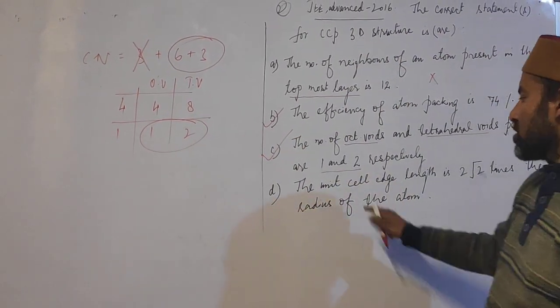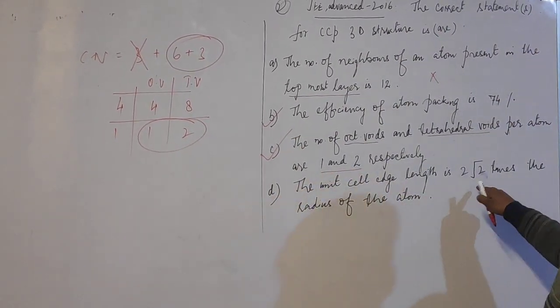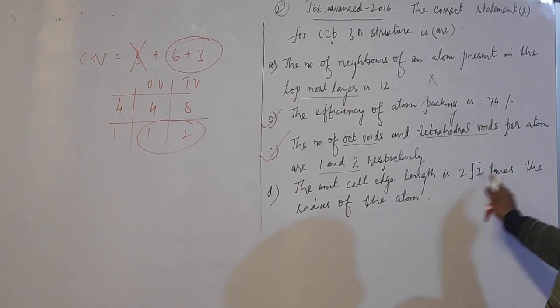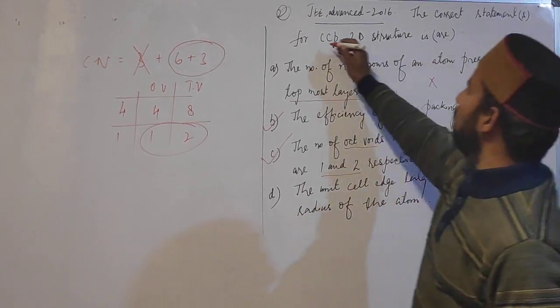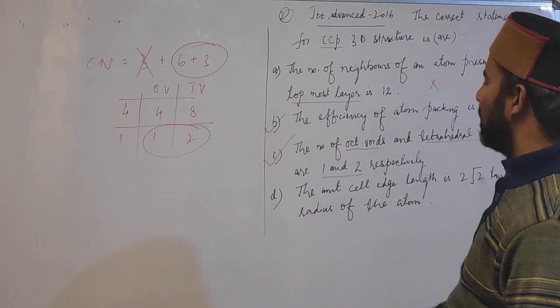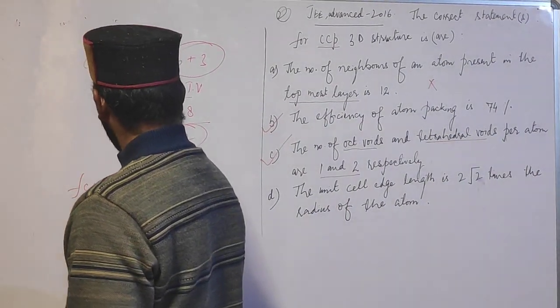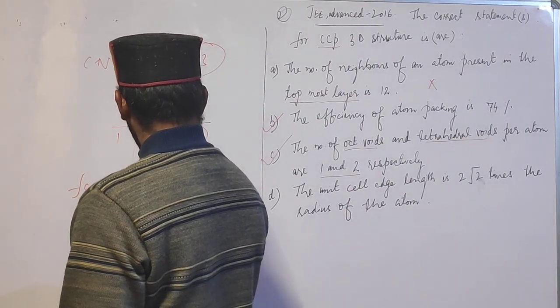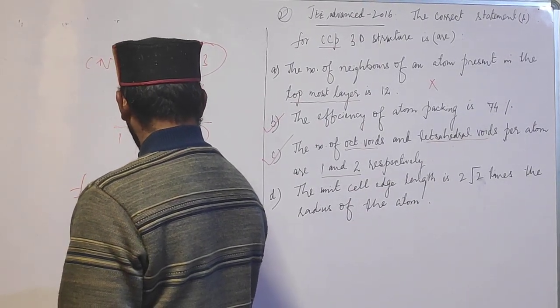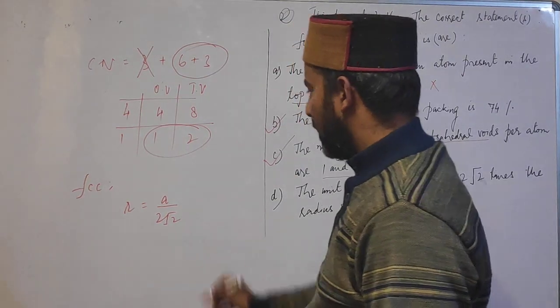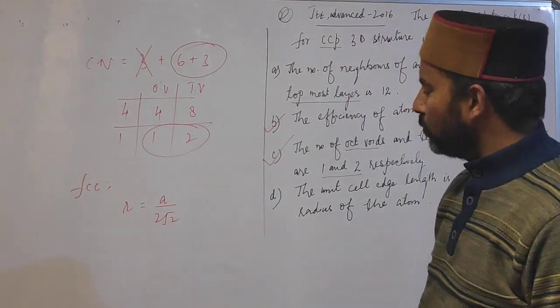Now the next is the unit cell edge length is 2 root 2 times the radius of the atom. Now student, we know that for CCP, which is also FCC, R is a upon 2 root 2. Radius is always edge length divided by 2 root 2.